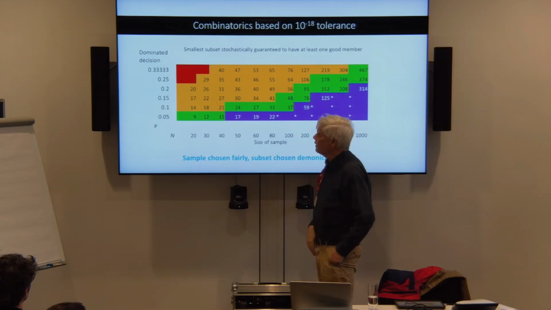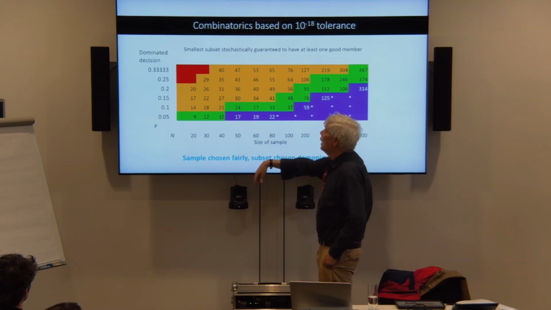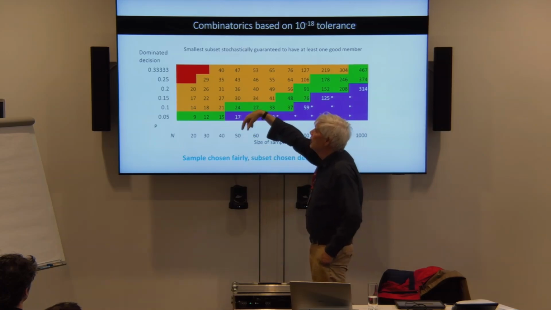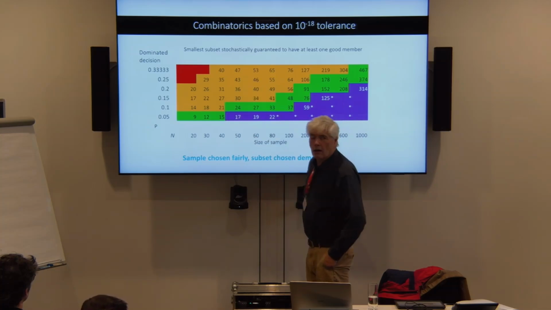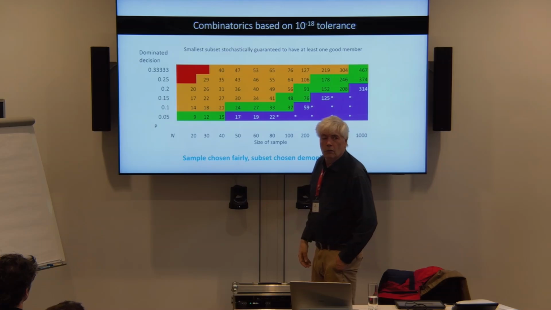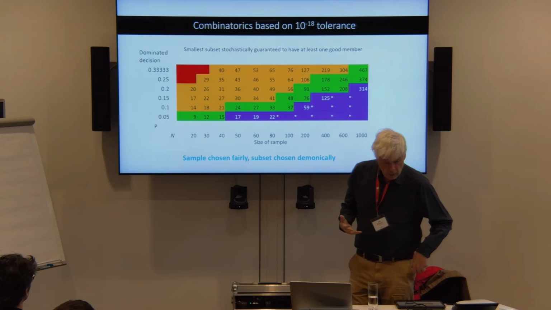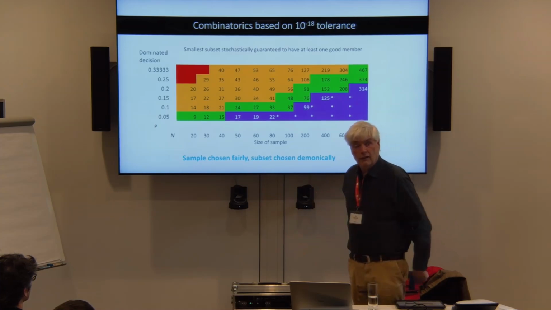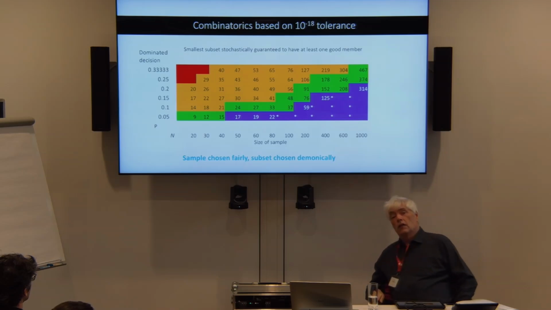If I want an intermediate size committee, I could do so if I had a probability p of 0.1, and if I had probability 1/3, or even very slightly bigger, I could guarantee there was at least one or two good members. But we see how this table, if you like, allows us to calculate sizes of committee. Of course, I've done this in two ways.